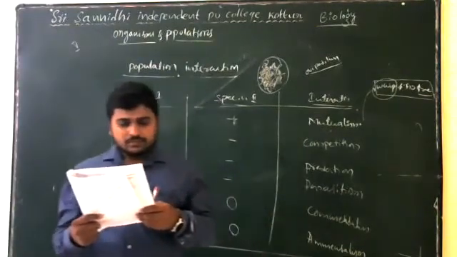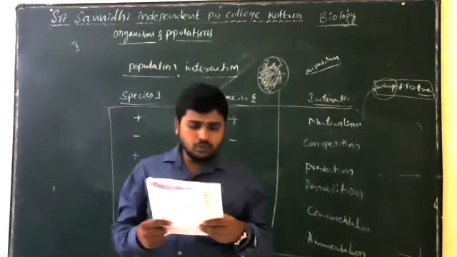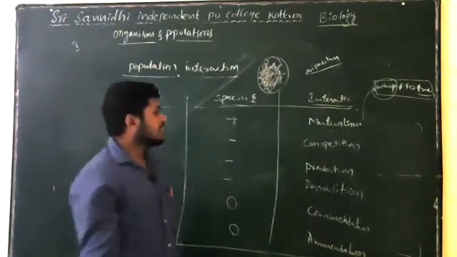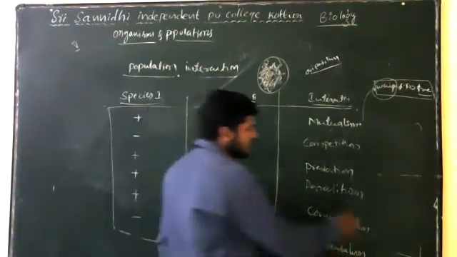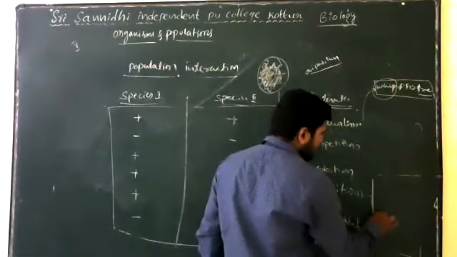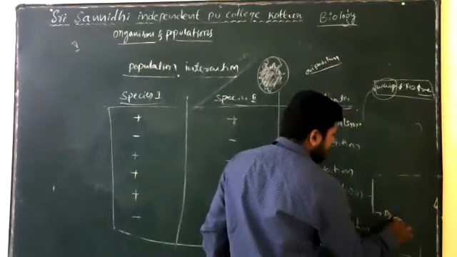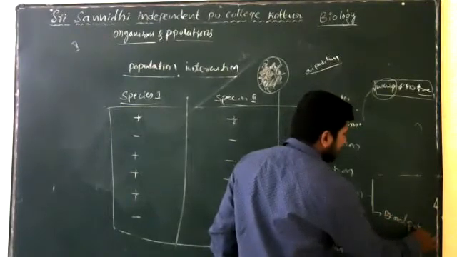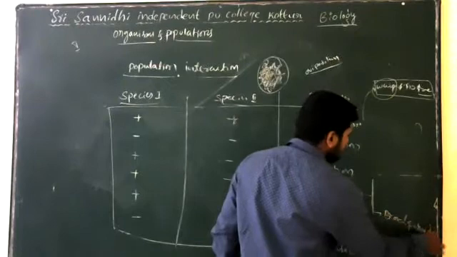Next, cuckoo and crow. It is an example for parasitism, especially brood parasitism. Remember, the question will be brood parasitism.